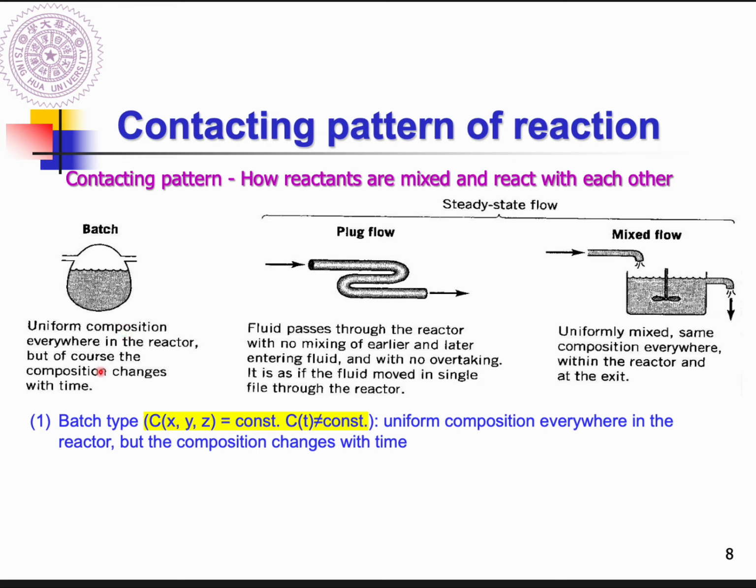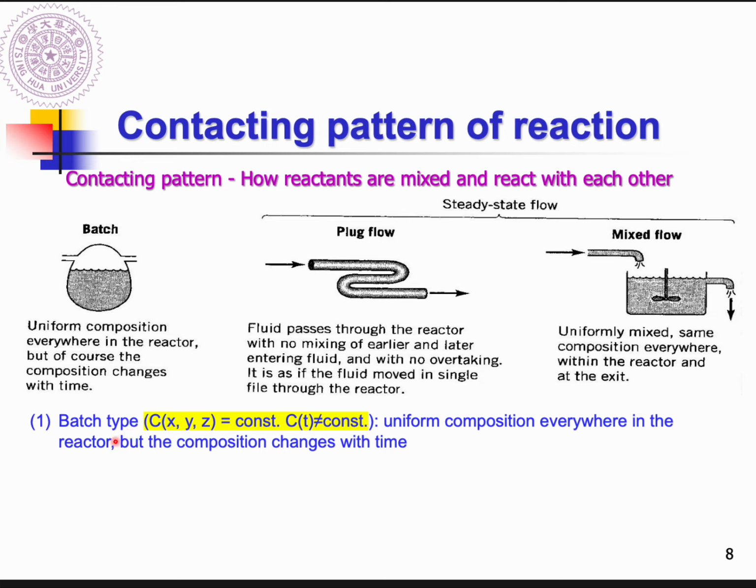So this is why we say the composition changes with time. Composition means the amount of reactants will decrease, and the amount of the product will increase. Okay, but no matter what, the composition everywhere in the reactor is the same.